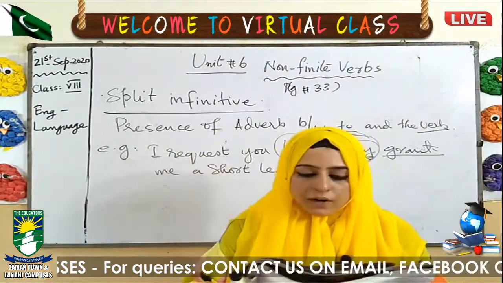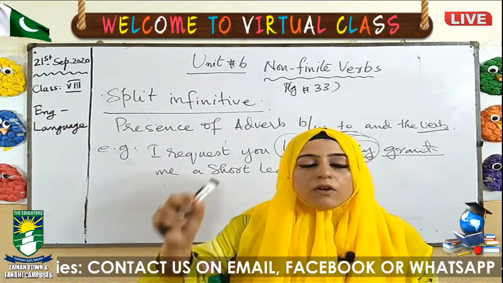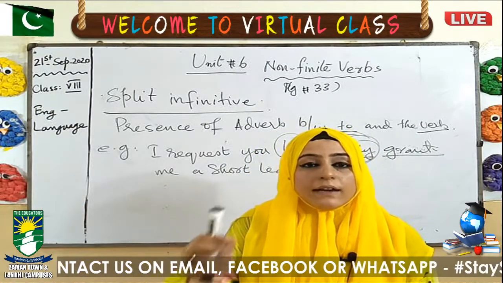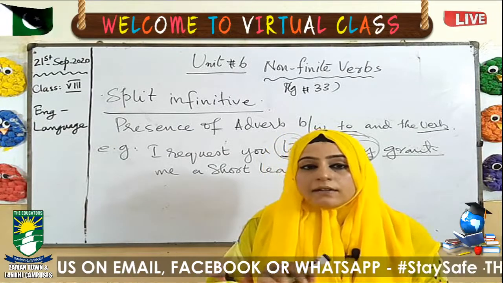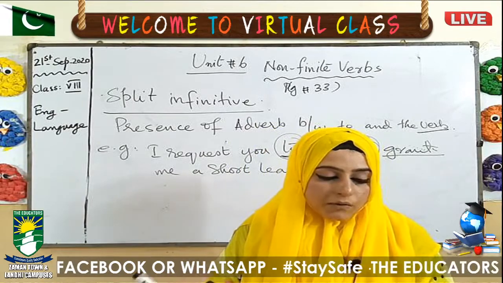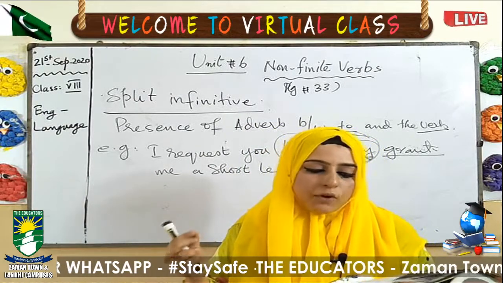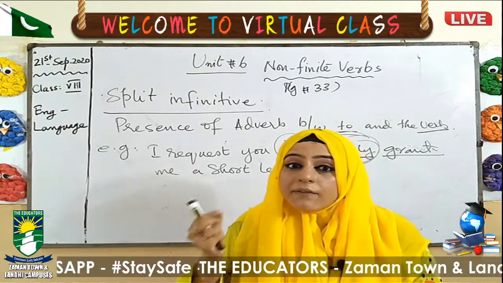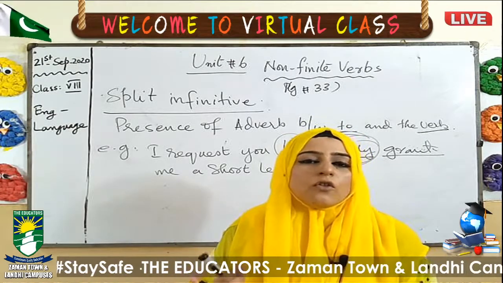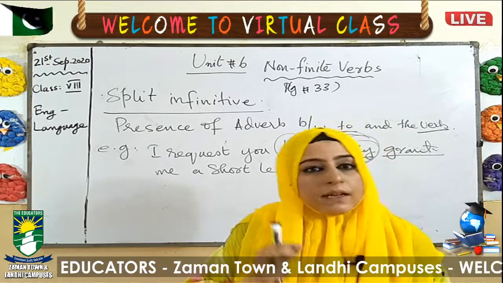Use the verbs given in the bracket with or without to as required. Means here you have to insert the preposition to where it is necessary. It does not mean that every sentence requires it. Number 1 is: you needn't ask for permission. Here we have a negative sense, so we will not use the preposition to with the verb, so it will remain the same.